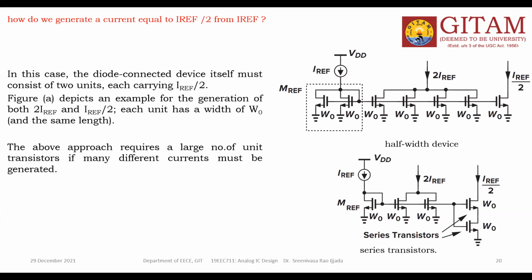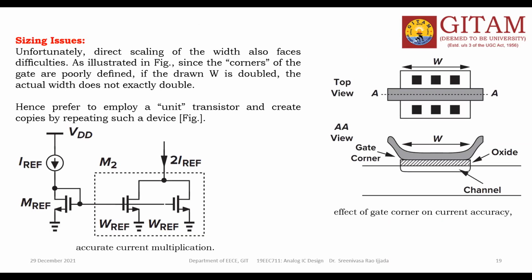How to do it? Generally, before this, we took this unit approach. So instead of W by L, if you want double the current, the M reference circuit is there, and here M2 is one more device.